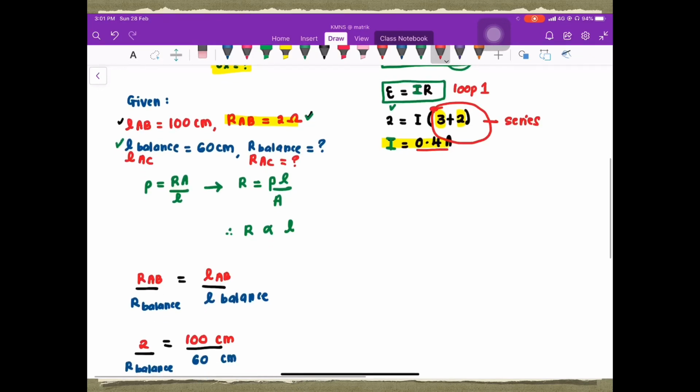So refer to the concept of resistivity: rho equals RA over length, then rearrange as R equals resistivity times length over area. We can see the relationship between resistance and length is directly proportional.